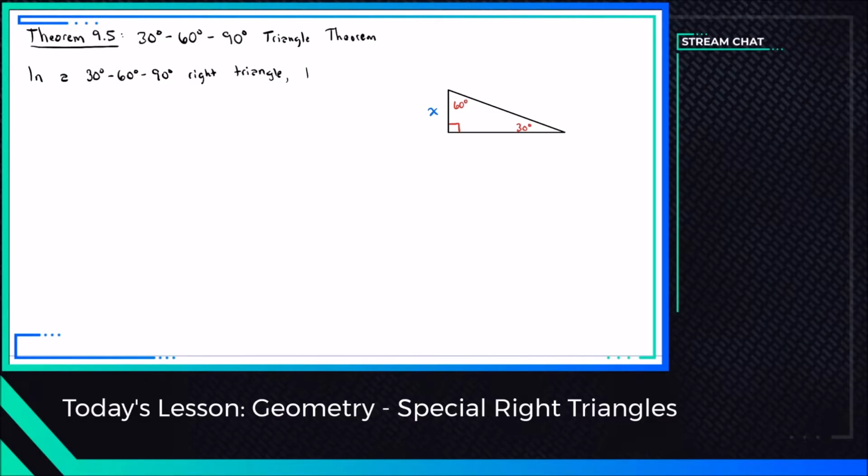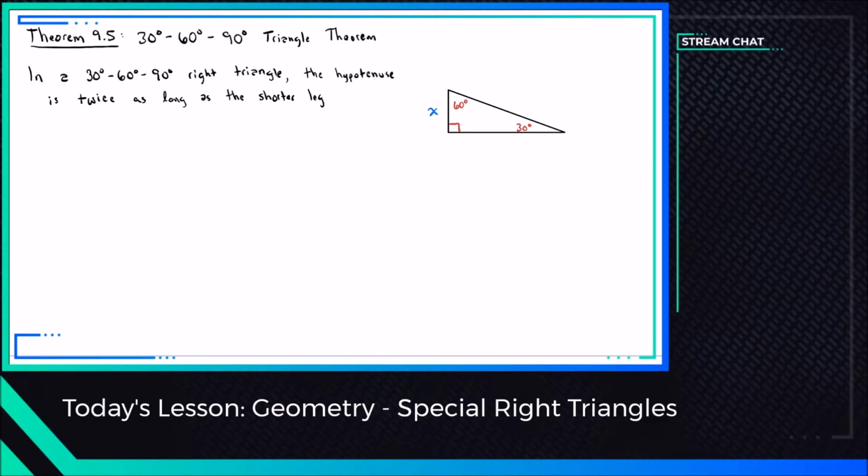The hypotenuse, so the longest side, is twice as long as the shortest side. So this length of the hypotenuse here, this longest side, is going to be twice the distance of the shorter leg.